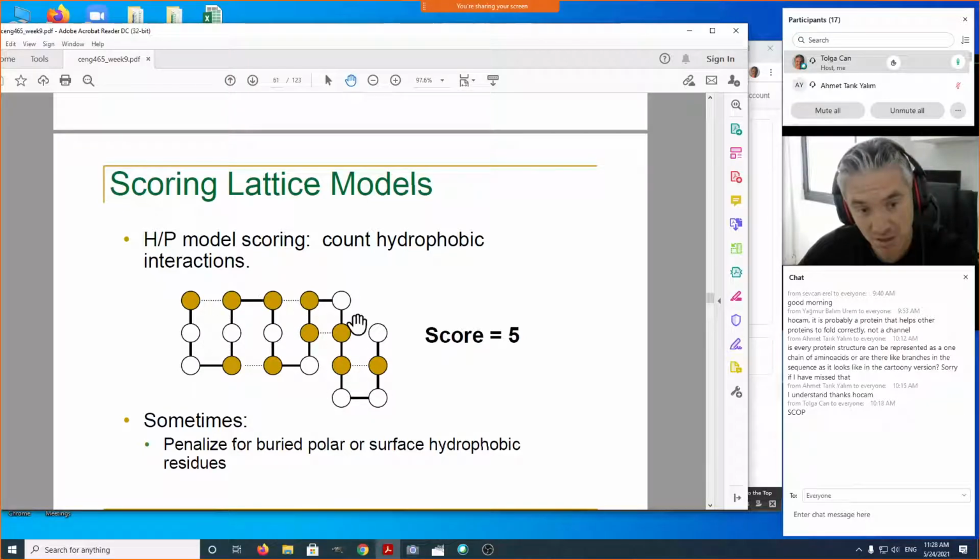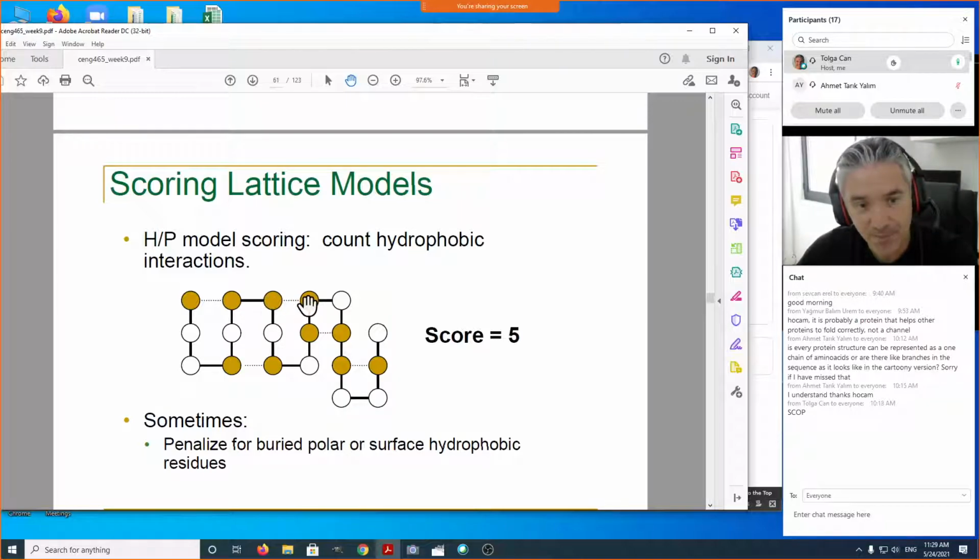For example, arrange your protein sequence in a grid like this so that hydrophobic interactions between non-neighboring amino acids are formed. For example, this is not a hydrophobic interaction because they're already adjacent on the sequence. They will always be adjacent. You're not going to break this bond between them.